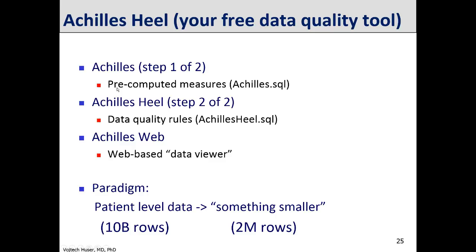Either they output 1 row or 10 rows, or if they are highly stratified, maybe 2,000 rows. But the idea is to pre-compute certain views of the data and measures, and then in the second step use those pre-computations to do the data quality rules or data quality checks.